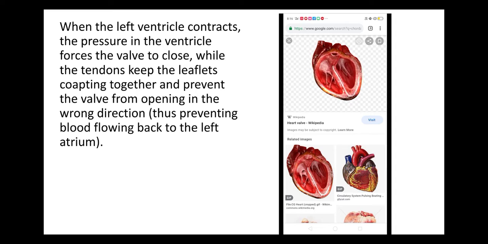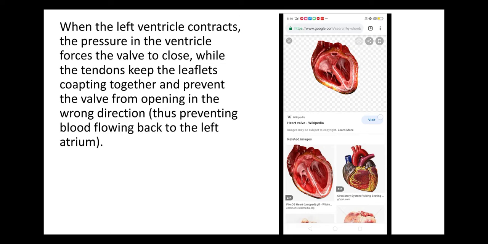That is your heart beating. Look at the valve, look at the papillary muscle and the chordae tendineae. When the left ventricle contracts, the pressure in the ventricle forces the valve to close, while the tendons anchor and keep the leaflets coapting together and preventing the valve from opening in the wrong direction.